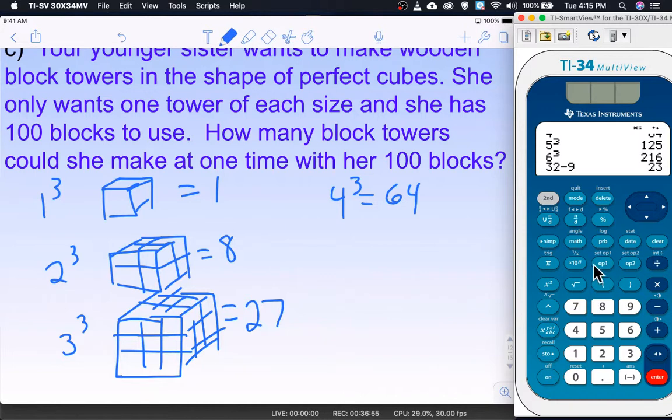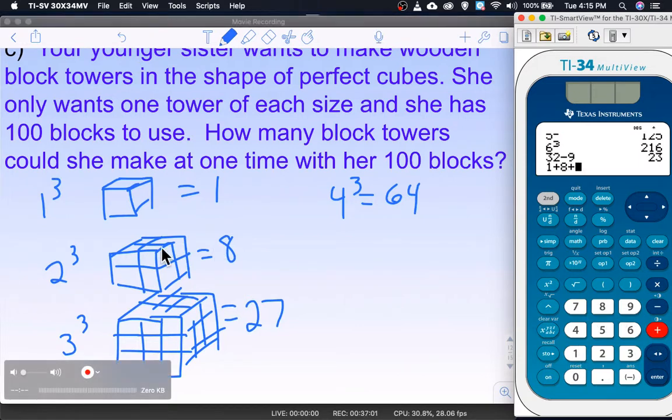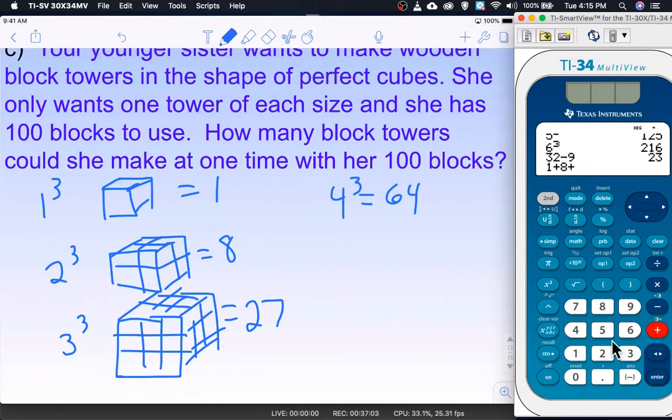Now, could she make all of these other ones? I mean, 1 block. She's making one using 8 blocks here. She'll make one using 27 blocks there. Because I don't think she can even make one using 64 blocks because, oh, yes she can.